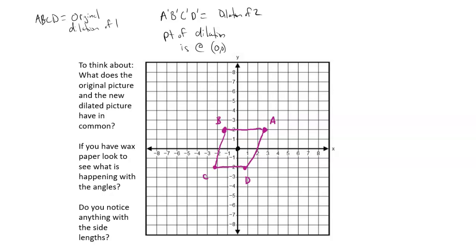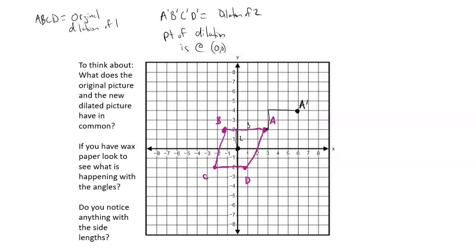So everything's going to start here. Okay, so ask yourself, how do you go from your dilation point to one of these points? So if I go from my point of dilation to A, that means I'm going to go up 2, over 3, so that gets me here. And then I'm going to go up 2 and again over 3, and I will get to my A prime.